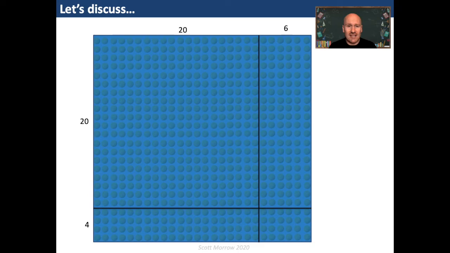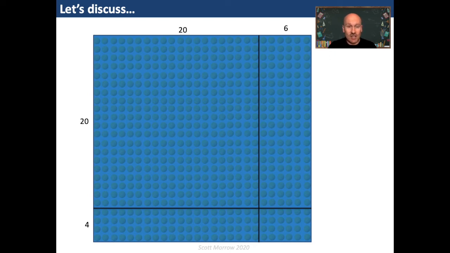But what I've done is I've created 4 smaller arrays, 4 smaller rectangles, and actually one of those is a square. I can see there I've got a square which is 20 tennis balls by 20 tennis balls, which is exactly where we get the term square number, because the array that we make from 20 by 20 is actually a square. Now that I've partitioned that array into 4 smaller arrays, I can work out each of the parts.